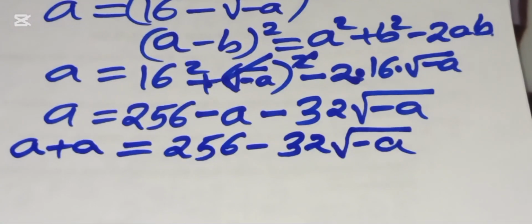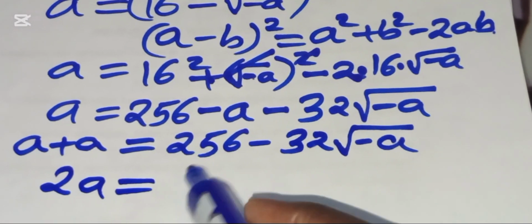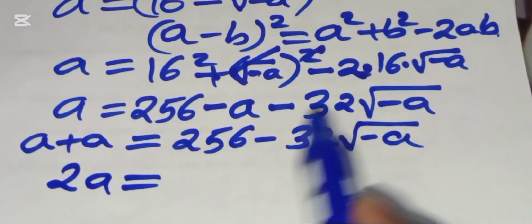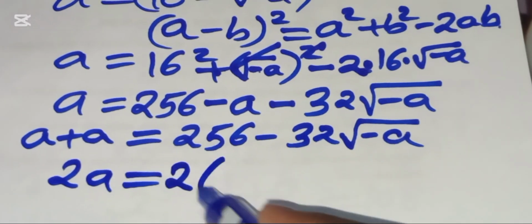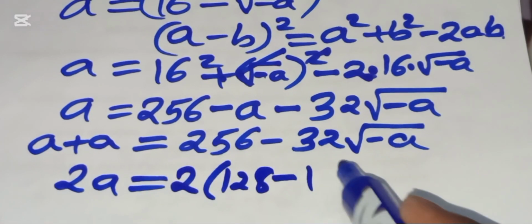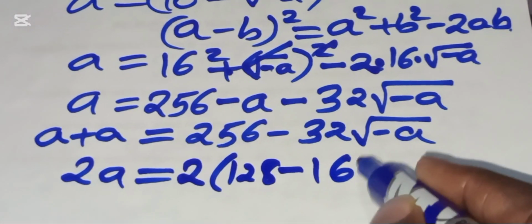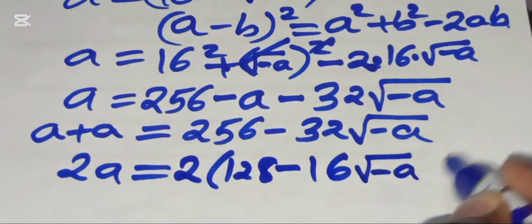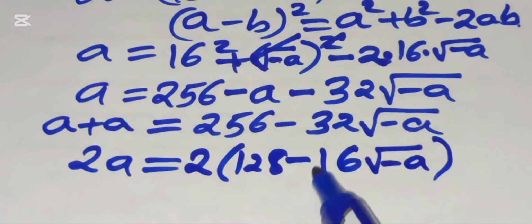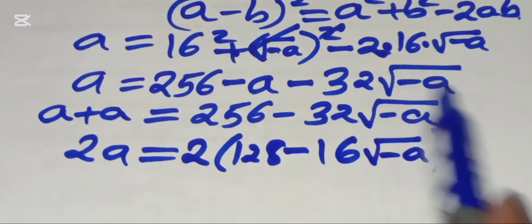Now a plus a is 2a, which is equal to, we can factor out 2, so that we'll have 128 subtract 16 square root of negative a. 128 times 2 is the same thing as 256, and negative 16 times 2 is negative 32 square root of negative a.